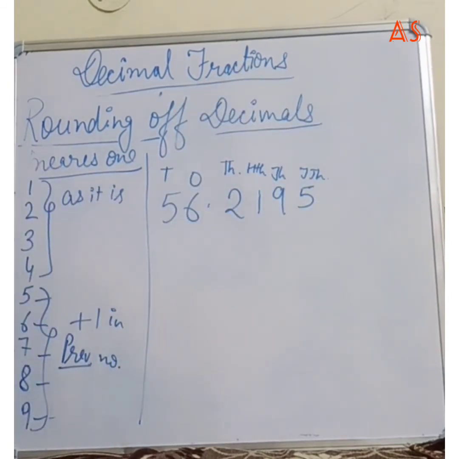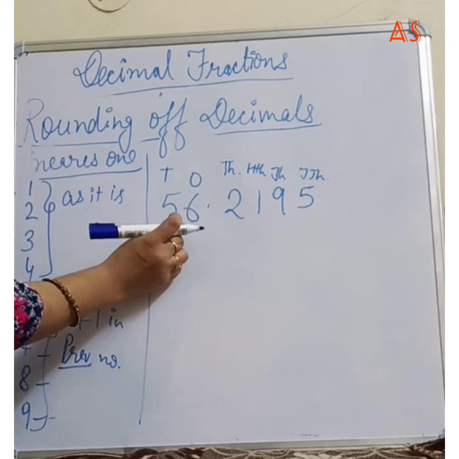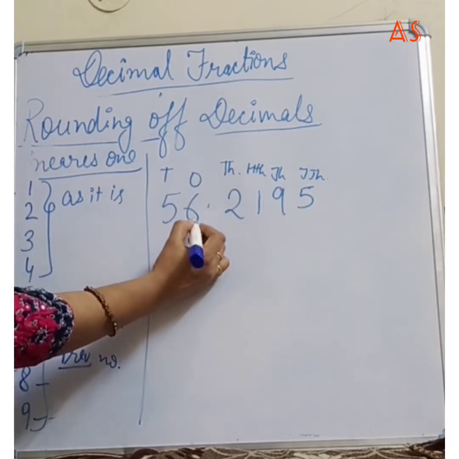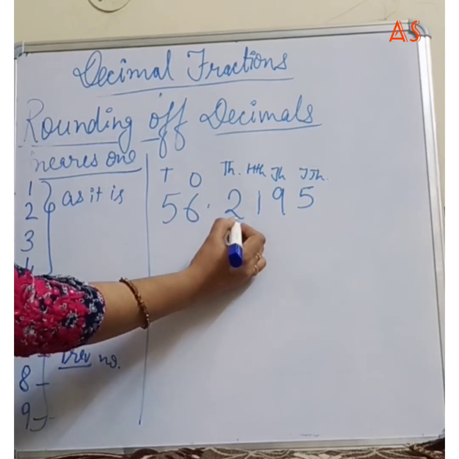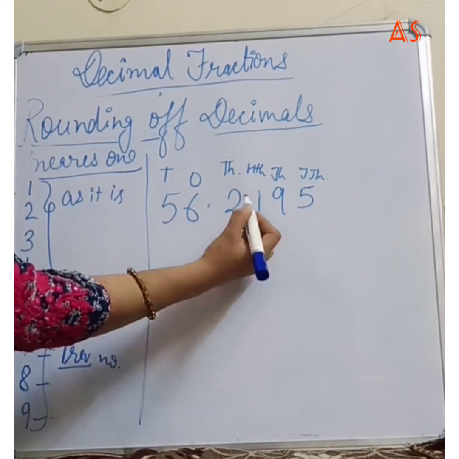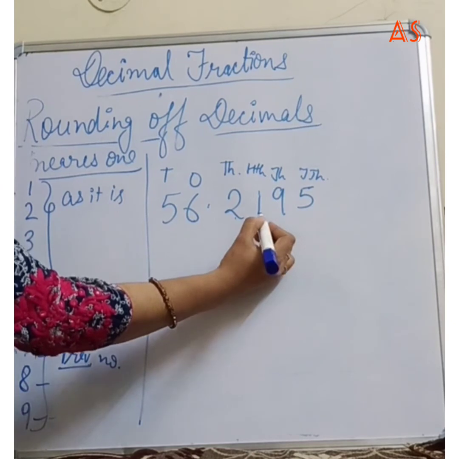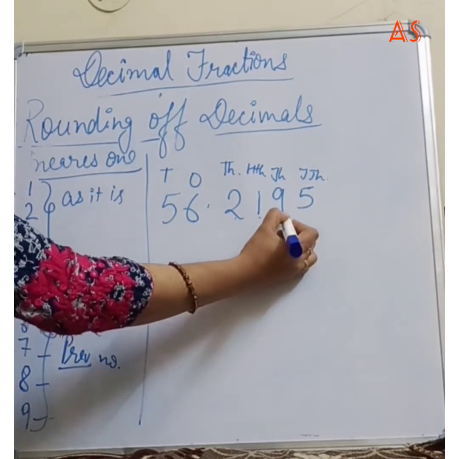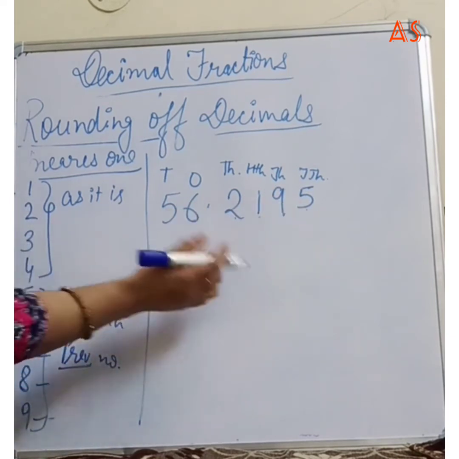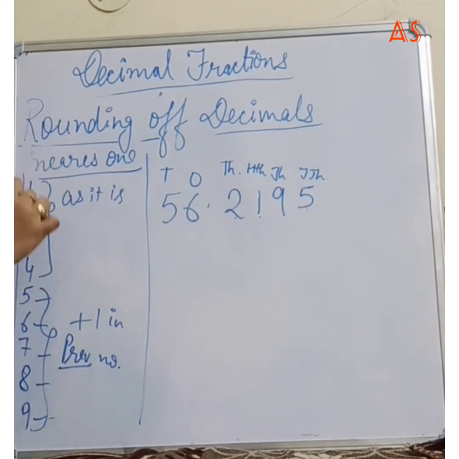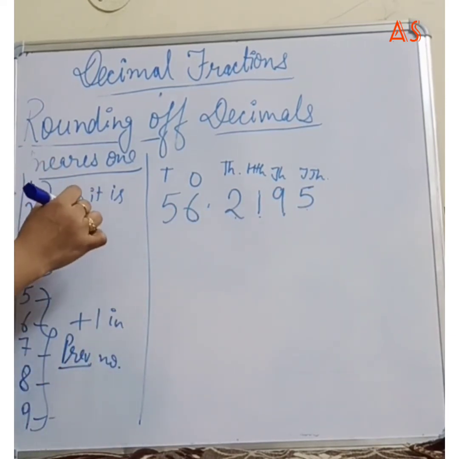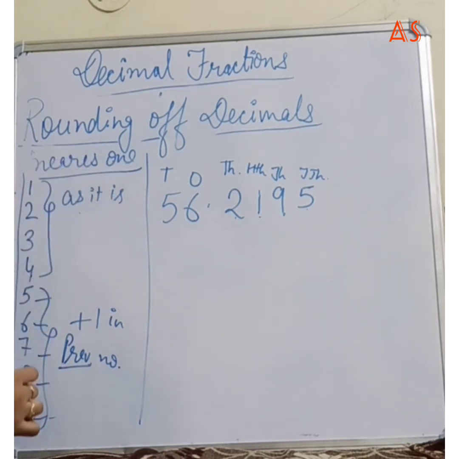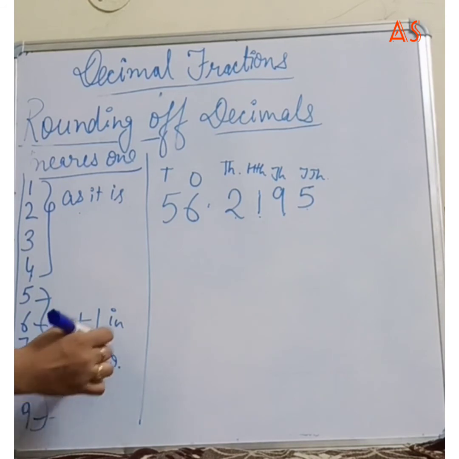If we do rounding of ones, we check the 10th place. If we do rounding of 10ths, we check the 100th place. For rounding of 100ths, we check the 1000th place, and for 1000ths, the 10,000th place. If the number we check is 1, 2, 3, 4, we write the previous number as it is and that number becomes 0. If it is 5, 6, 7, 8, 9, we add 1 to the previous number and that number becomes 0.